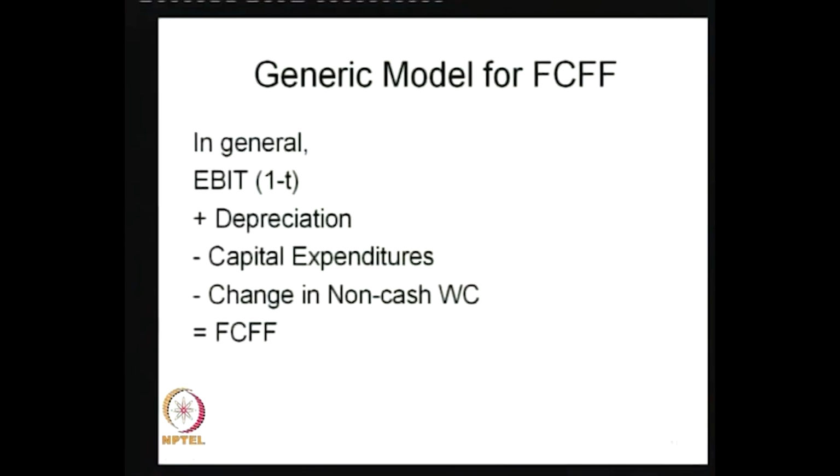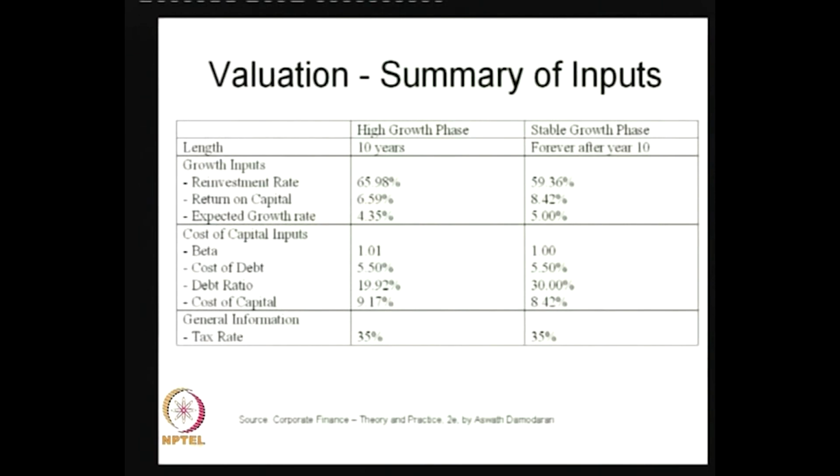Coming to the next one, next example here is a company where you have got the high growth phase, which is 10 years, and a stable growth phase after 10 years, and the reinvestment rate for this company is, let us say, 65.98%, which has been estimated using the growth and all those things into consideration, or the past history, and it also depends on what the expansion requirement is.